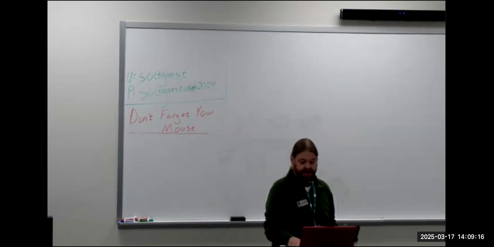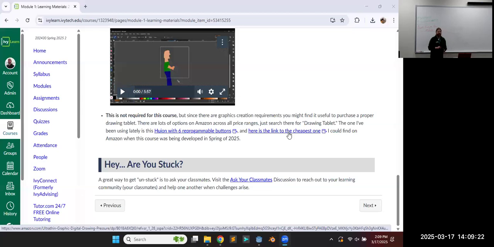They come in all sorts of price ranges. I also linked to the cheapest one I found on Amazon. I think it was like $19. It used to be $14. For those here on campus, with some grant money this year, I did order some for us to use in this class.